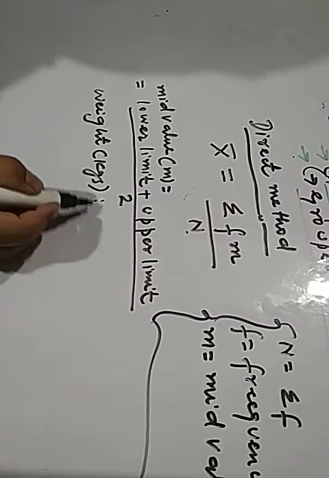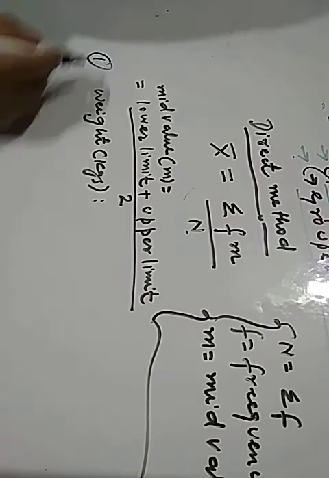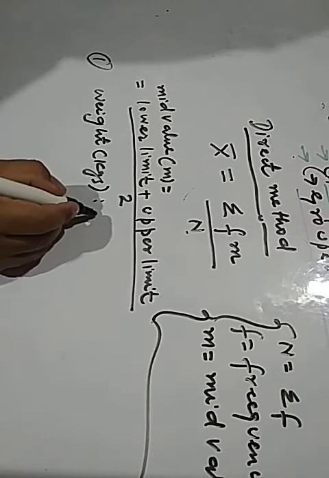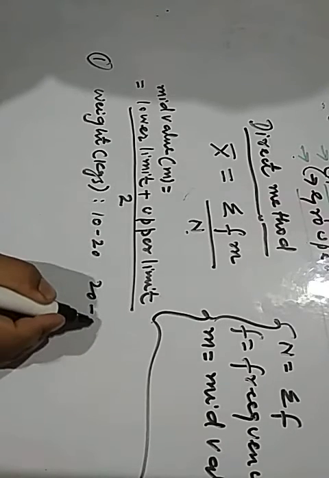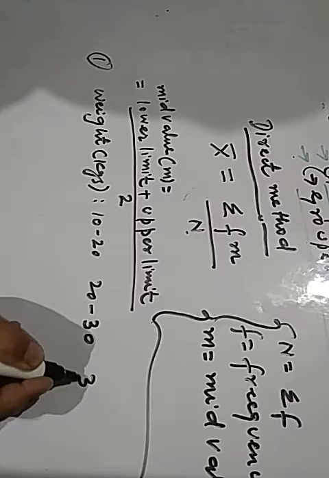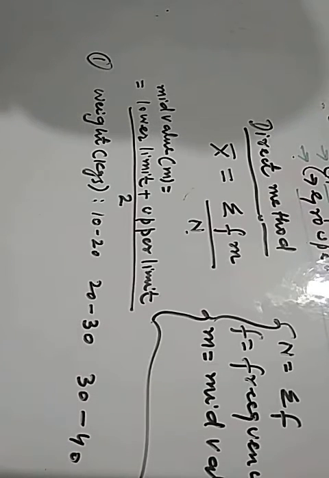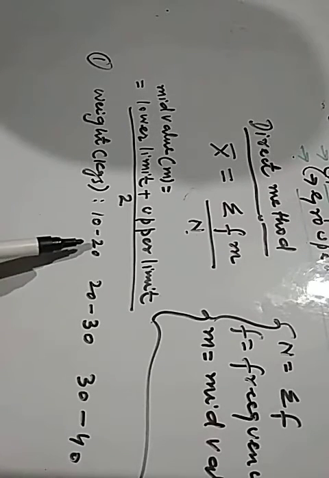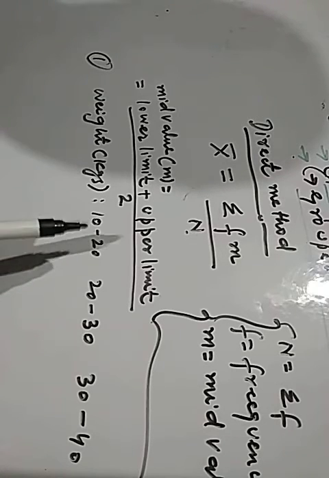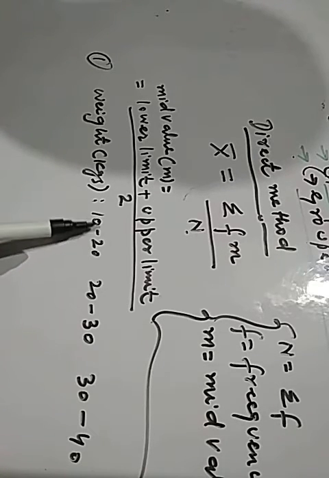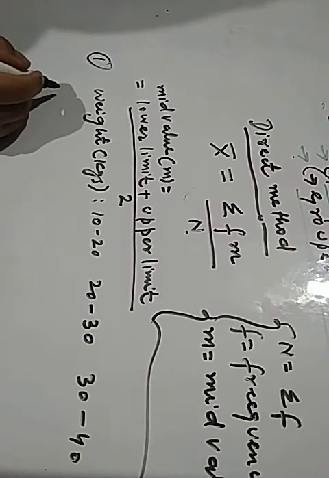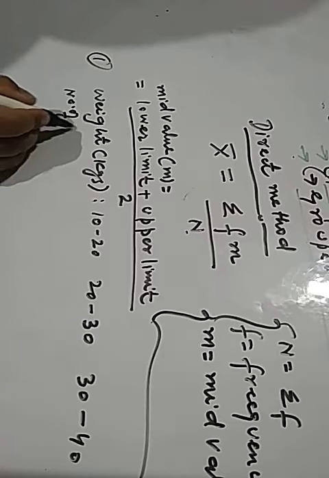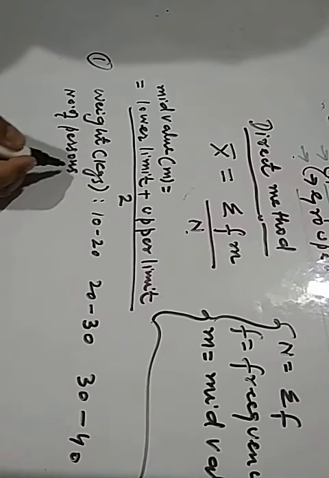The values are 10 to 20, 20 to 30, 30 to 40. Three class intervals are given, 1, 2 and 3. This is a continuous series. The value of variable lies between two limits, lower limit and upper limit. And number of persons is given as frequency.